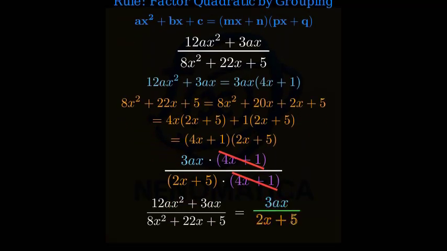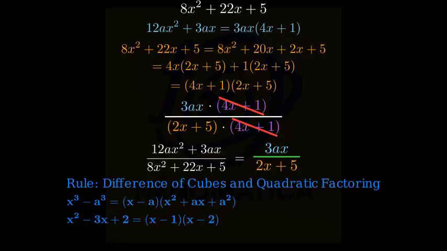Rule reminder: difference of cubes x cubed minus a cubed equals open parenthesis x minus a close parenthesis times open parenthesis x squared plus ax plus a squared close parenthesis. And x squared minus 3x plus 2 equals open parenthesis x minus 1 close parenthesis times open parenthesis x minus 2 close parenthesis. Example C. We simplify the fraction 16x cubed minus 128 over 8x squared minus 24x plus 16.